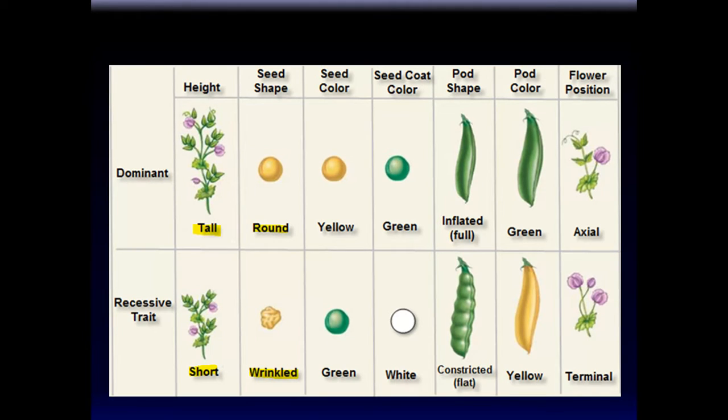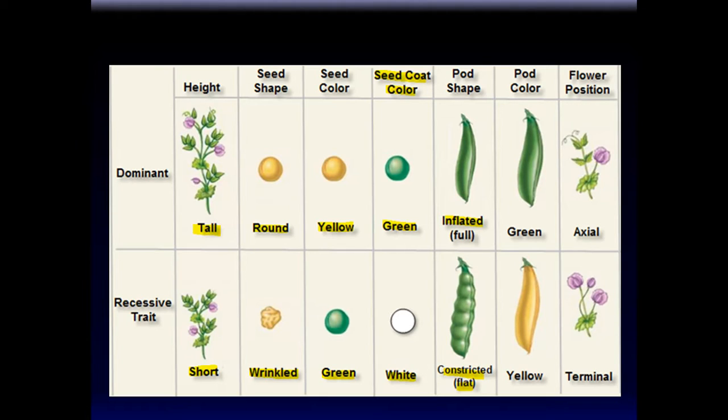You can probably appreciate that when you get green peas from the store, sometimes they're round and sometimes they're wrinkly. Then there are the yellow and green peas, and the seed coat color. In other words, if you cut the seed in half, the inside of it is either green or white. Then there's the pea pod shape, which is either inflated or constricted, or flat, like the air has been suctioned out of it.